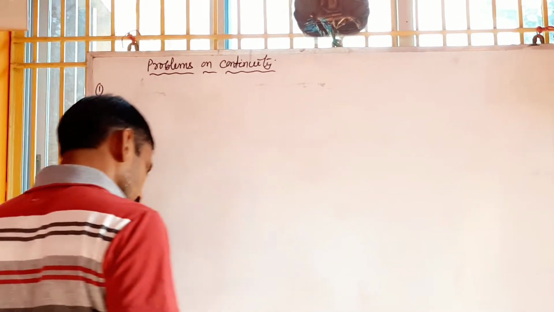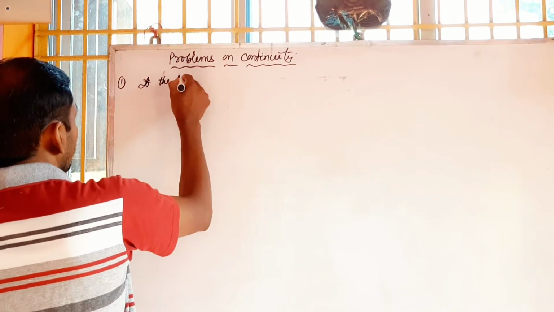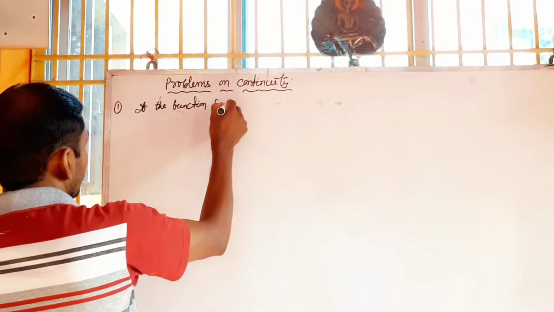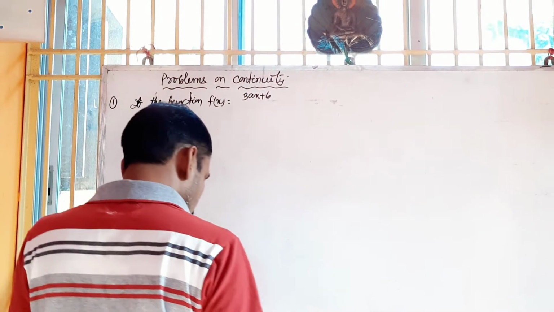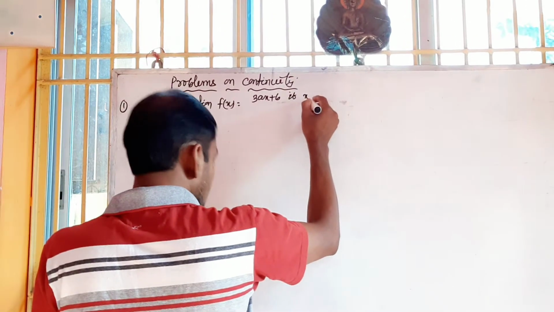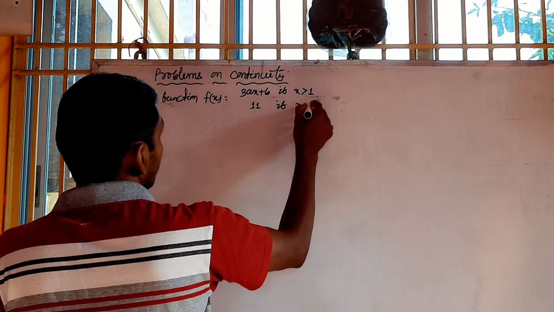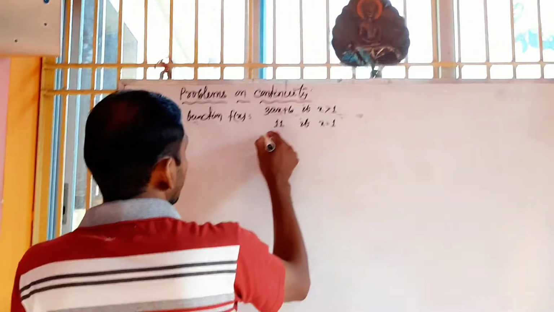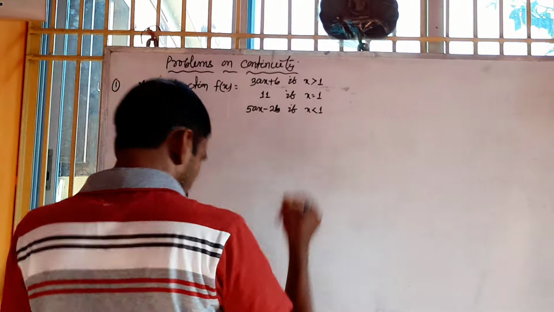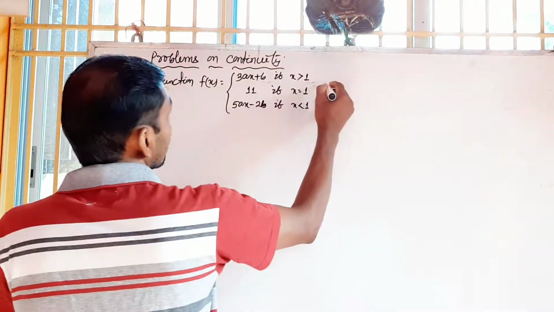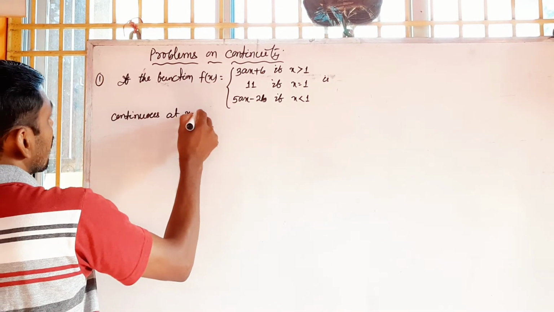So first question: Is the function f of x equal to 3ax plus b if x is greater than 1, 11 if x equal to 1, and 5ax minus 2b if x is less than 1, continuous at x equal to 1?